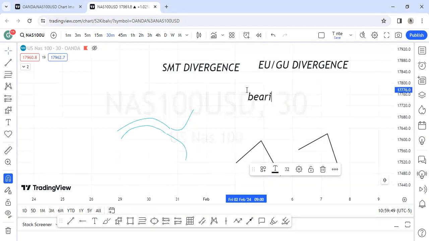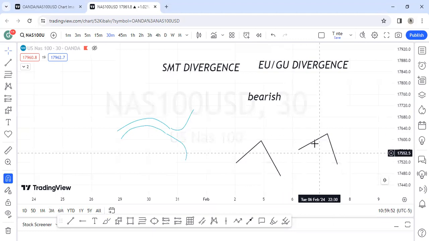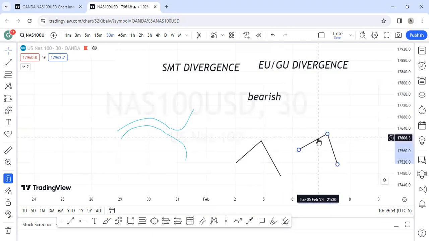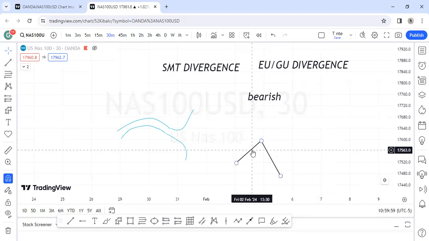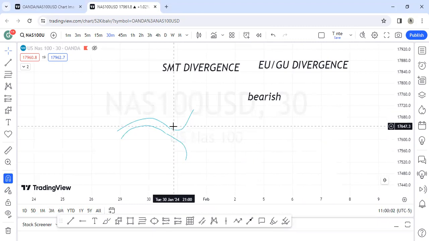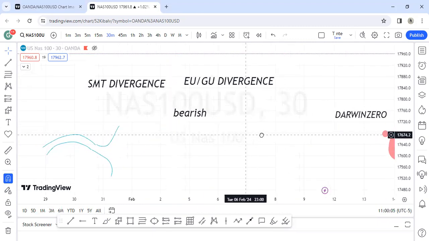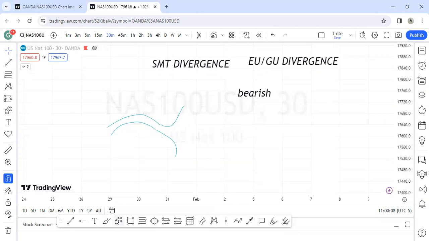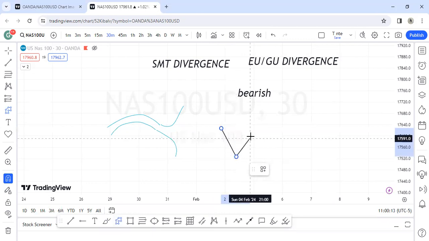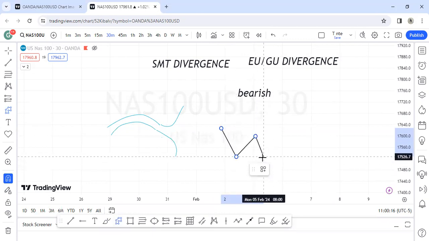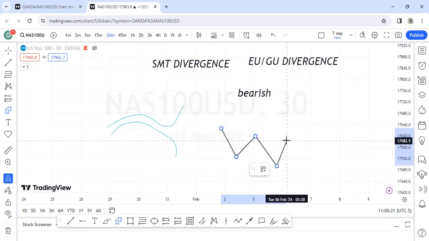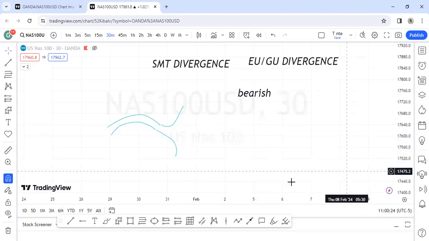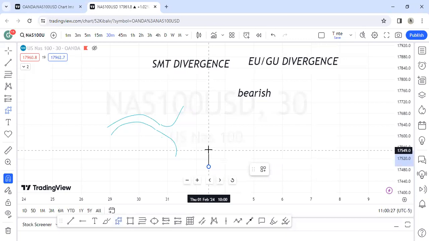For the bearish divergence, let's assume the market is giving us a bullish structure. Let us just use EU for the first example. Assume the market is giving us a bullish movement, making higher lows and higher highs.